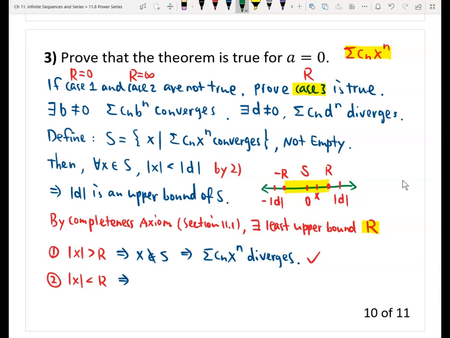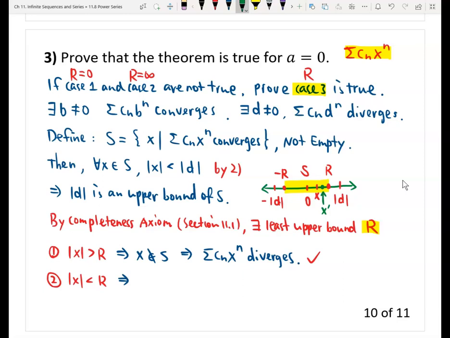Because R is a least upper bound. Do you remember what least upper bound means? It means between any number X less than R and inside, we can find another number. If I say that the number is X prime, then X prime should belong to S. Do you remember this?